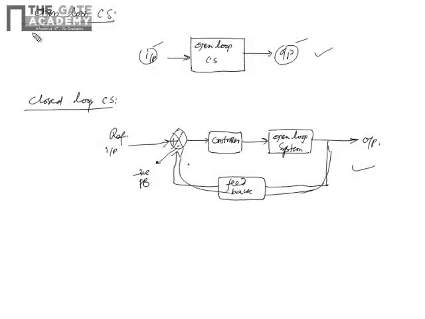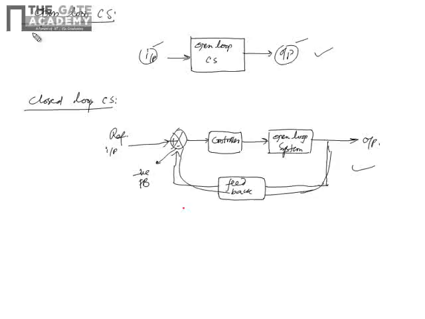Okay. So why is feedback required? If you want to have control on the output from the input side, we have to cross check the system response by connecting a feedback. For example, take the fan regulator. What is the speed of the fan? How many rotations per minute?